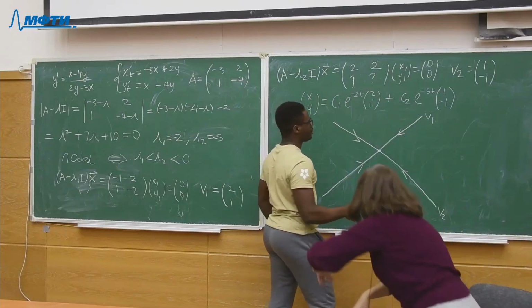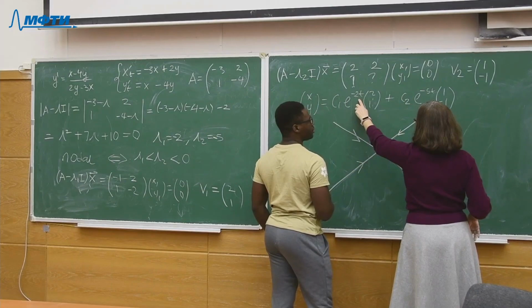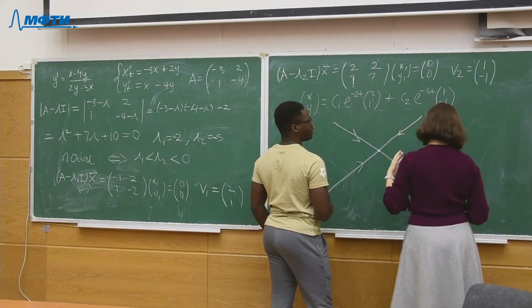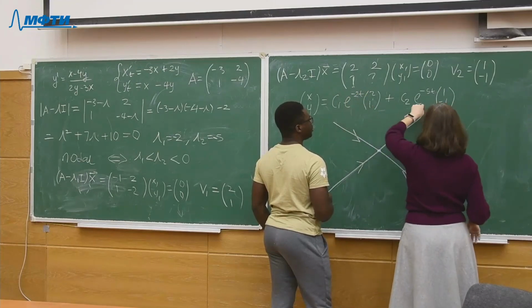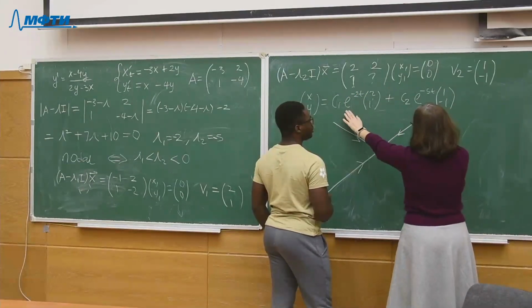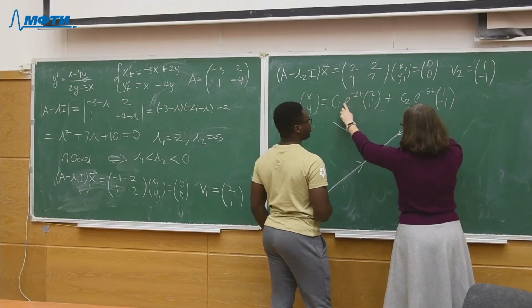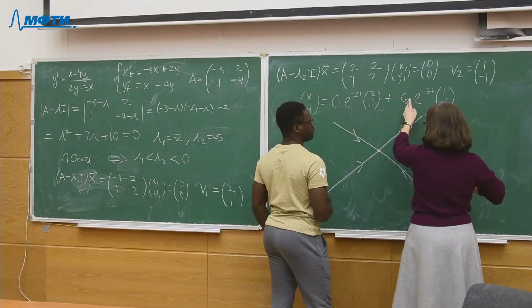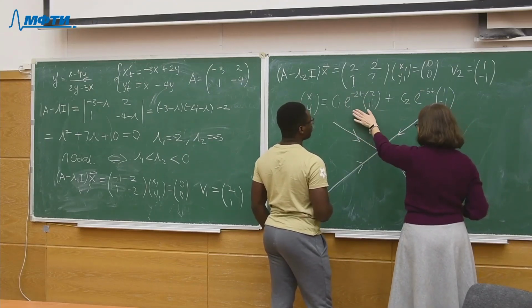I think this term is dominant because negative 2 is greater than negative 5. If we compare these two exponents, this is greater than this as t approaches positive infinity. Then this term is dominant.